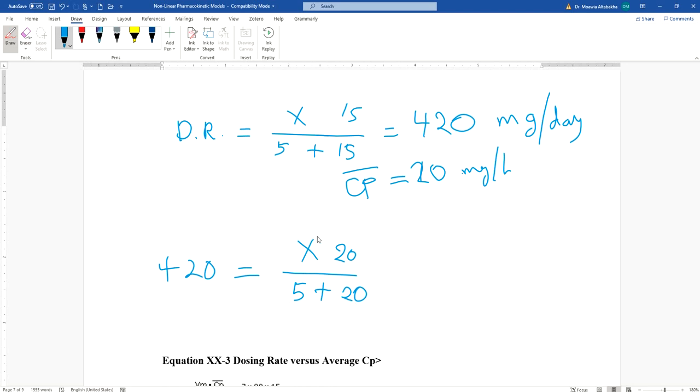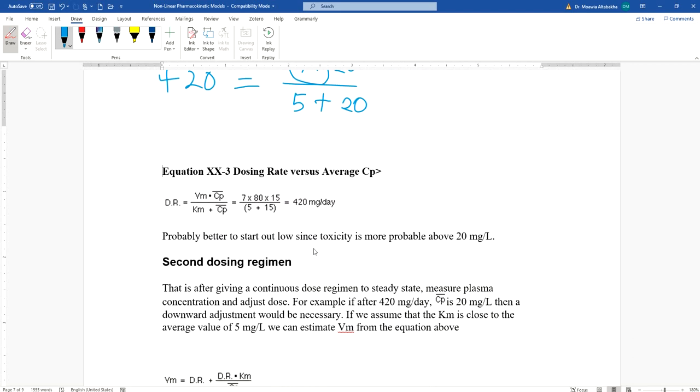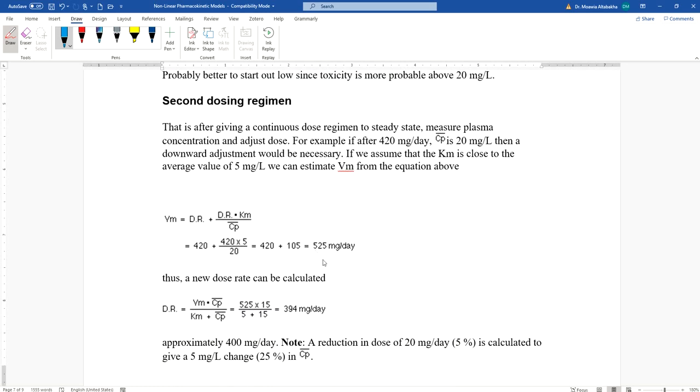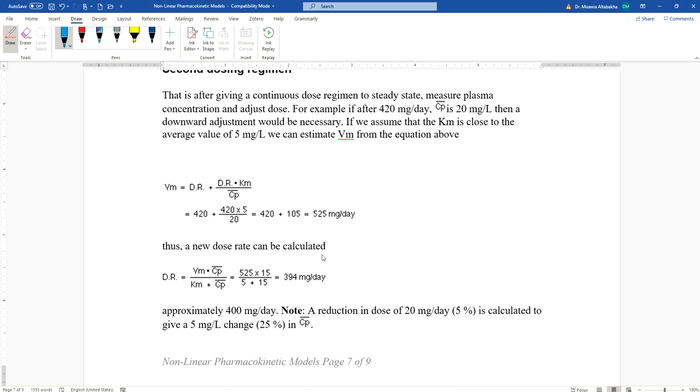If you solve this equation for X, which is the VM in this case, you will find that the VM is actually 525.